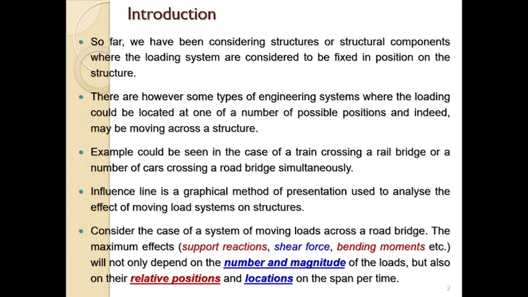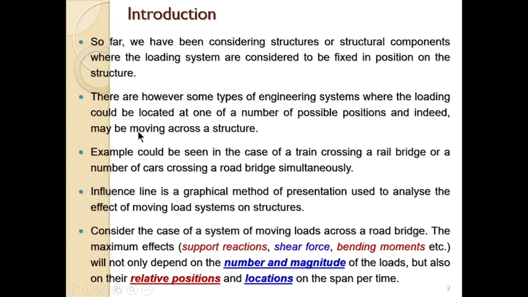And so we analyze usually the support reactions, the shear force, the bending moment diagram, and the deflection of those structures. However, there are some types of structures in engineering where the loading could be located at one or a number of possible positions, and indeed may be moving across a structure.